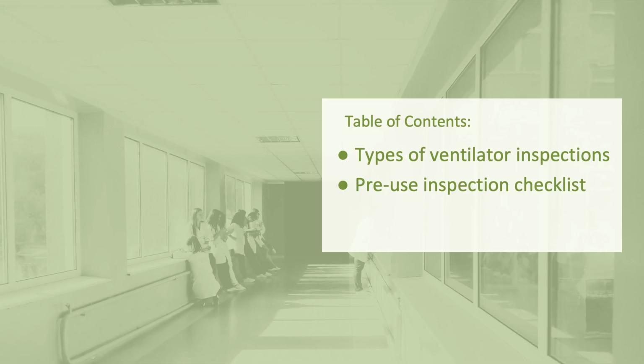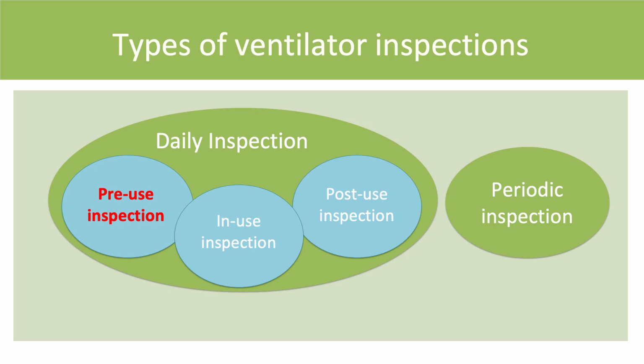This is the content of this lesson. First of all, inspection of a ventilator can be broadly divided into two types: periodic inspection and daily inspection. Periodic inspections can be outsourced to a medical equipment repairer or performed by a medical institution.